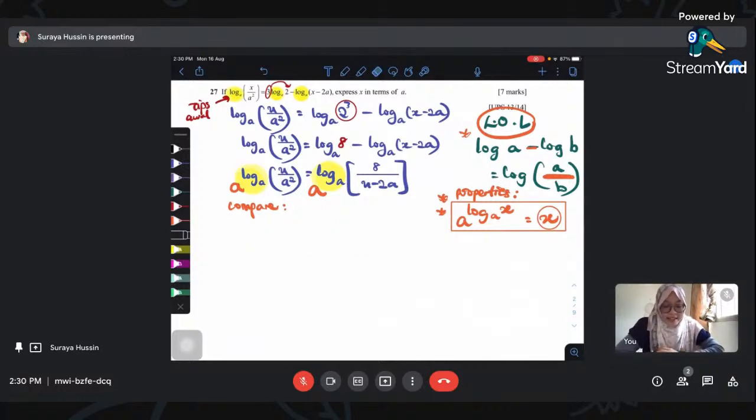Sorry about that. Dah tak ada log lah kan. Bila kita, saya sendiri confused. Bila kita A to the power of log base A, means dia seolah-olah hilang. Dan tinggallah X sahaja, betul tak? Tinggallah X semata-mata.